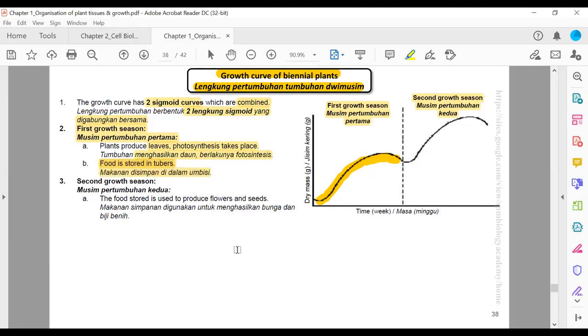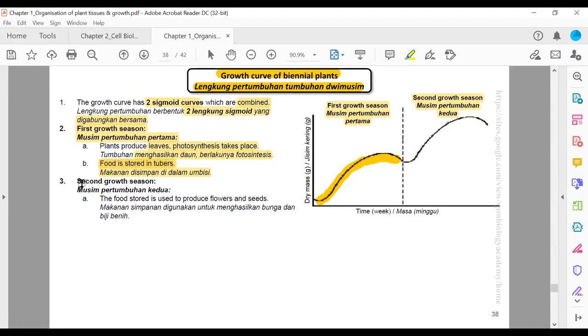Contoh umbisi ialah ubi kentang. So when there is excess food, food which is not used for growth, the excess food will be stored in the tuber, ataupun umbisi, where the food later will be used during the second year of growth. So they have to store their food.